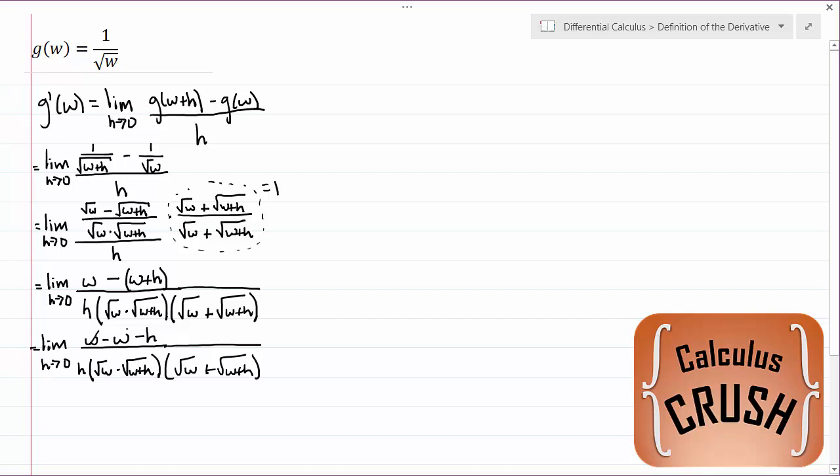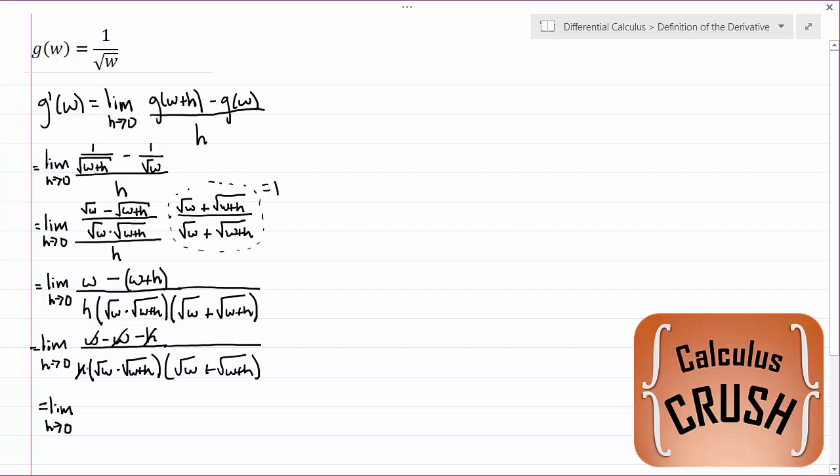So we can cancel out these w's here, and all we're left over with is minus h over h times all this. So we can cancel out the h over h, and that's exactly the whole purpose of doing all this fancy algebra, rationalizing the numerator, is so we can pull out an h from the top and cancel it with the bottom.